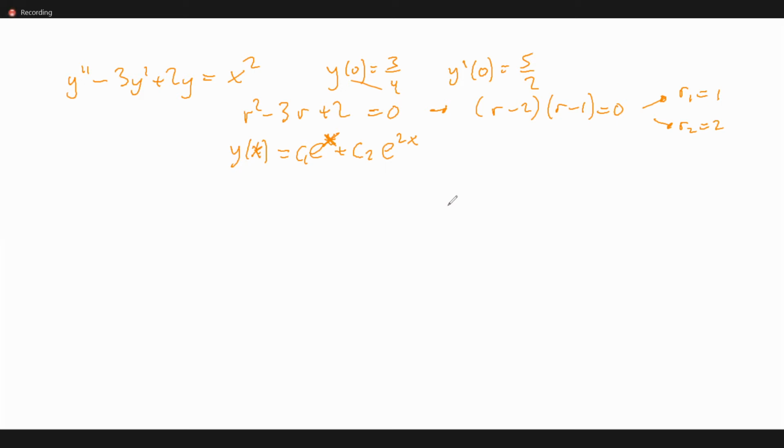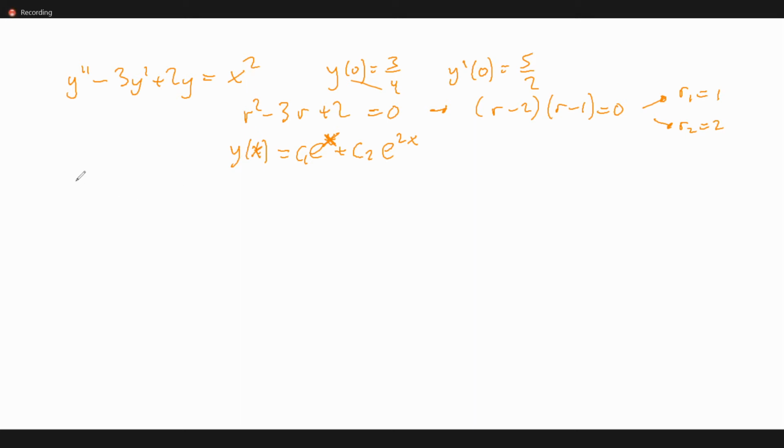Now we need to find the solution to the particular integral. The particular integral will have the form of a polynomial, since on the right hand side we have a polynomial.